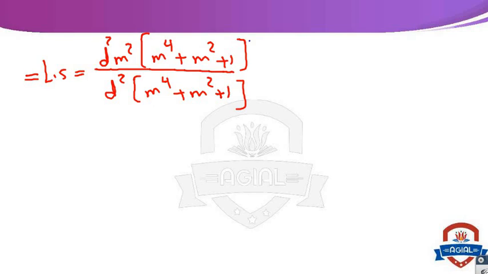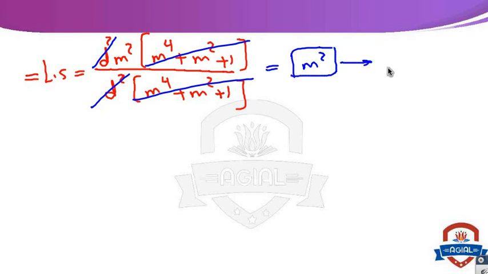Cancel this with M to the power 4 plus M to the power 2 plus 1, and D to the power 2 with D to the power 2, equals M squared. Number 1.